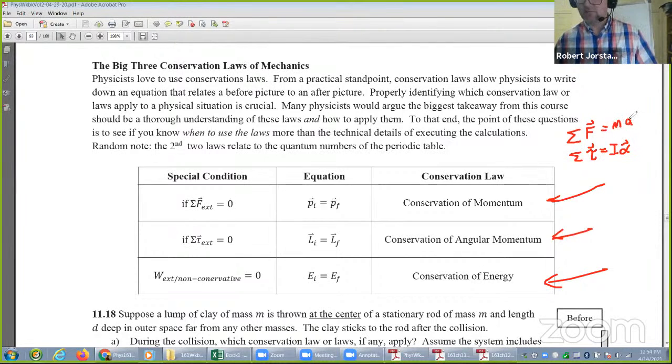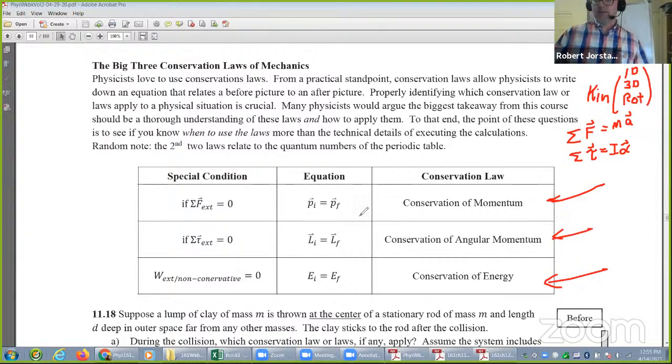And again, we also have kinematics. And that's both rotational 1D, 2D, 3D, and rotational. That's our subset. Those are all of the tools we have learned so far, basically, right?